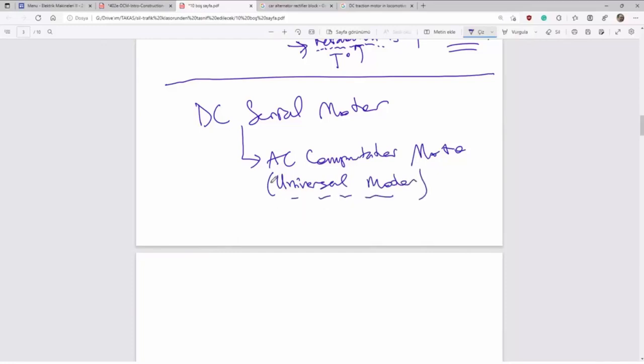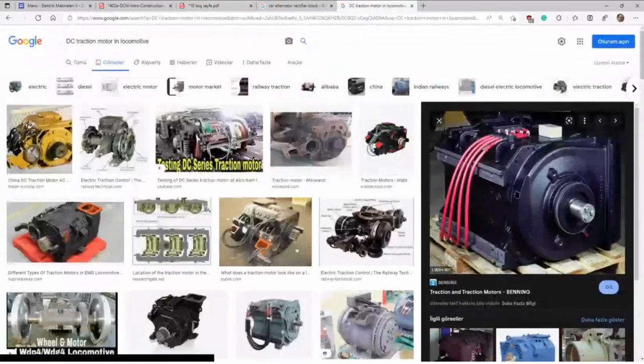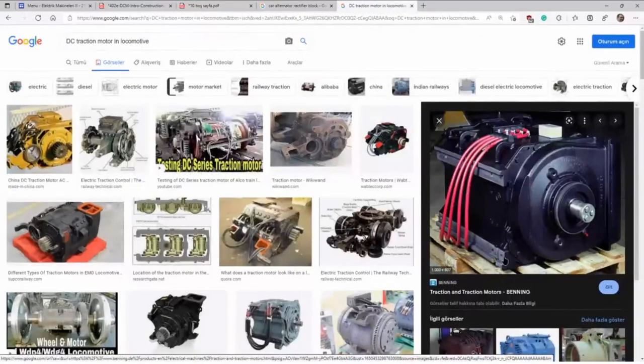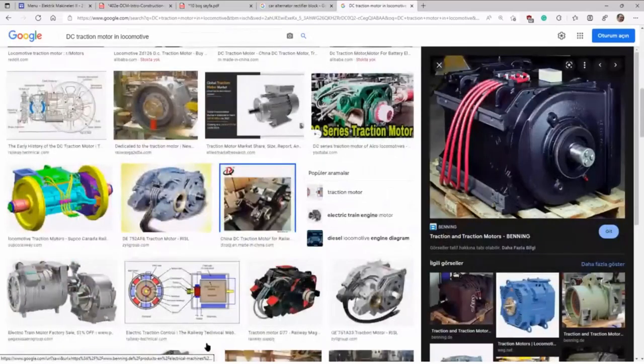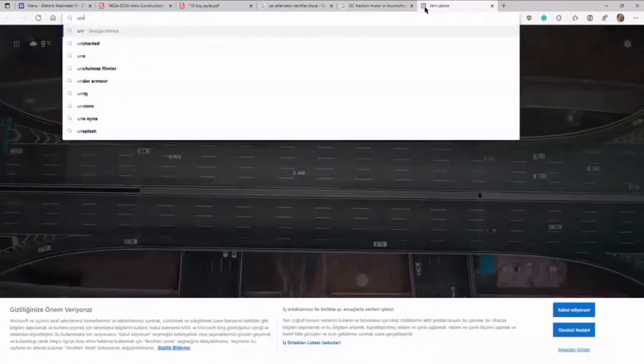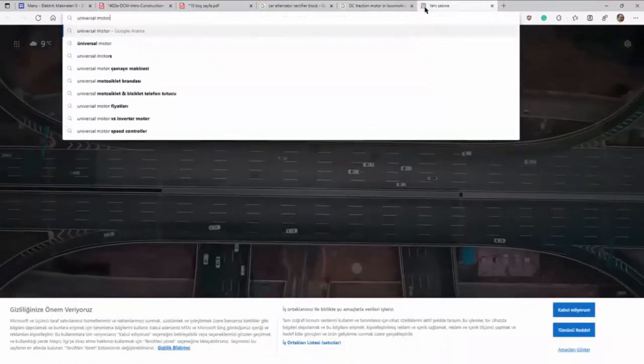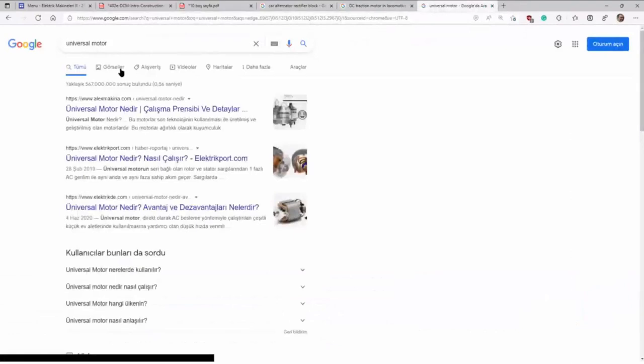Especially after the Second World War, universal motors were applied in the traction sector. This one looks similar. It is a similar machine with a proper design to operate under alternating current. In fact, there is not much difference. It looks the same. For example, let me show you the universal motor in images.